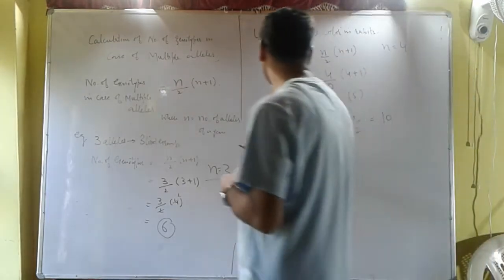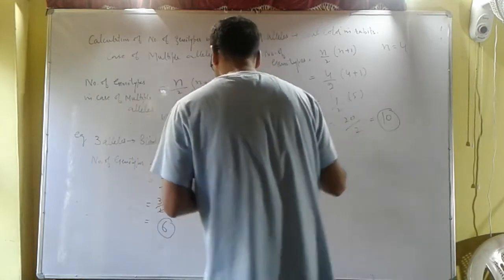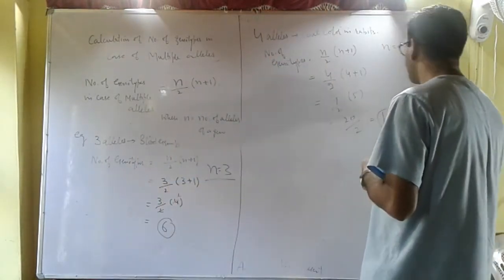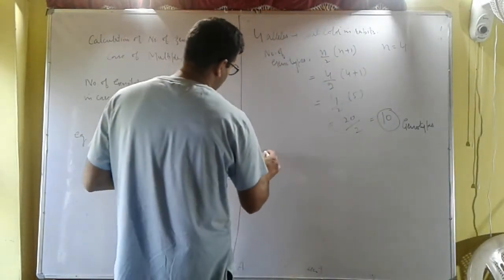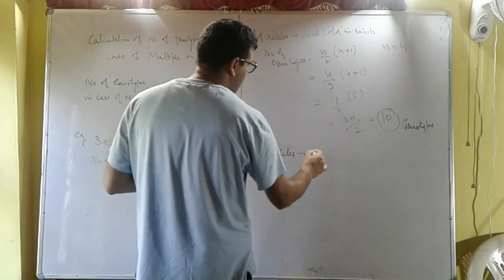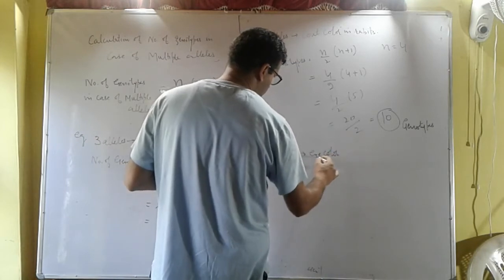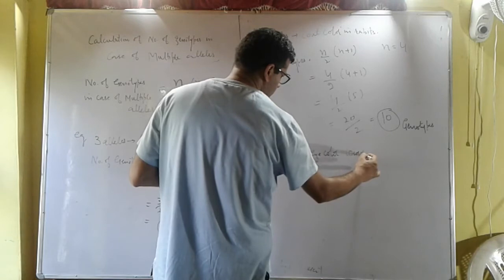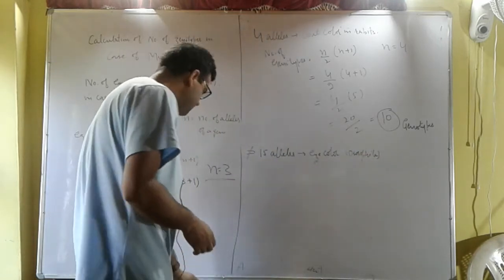Same is the case if we have 15 alleles for eye color in Drosophila. How can we calculate the number of genotypes?